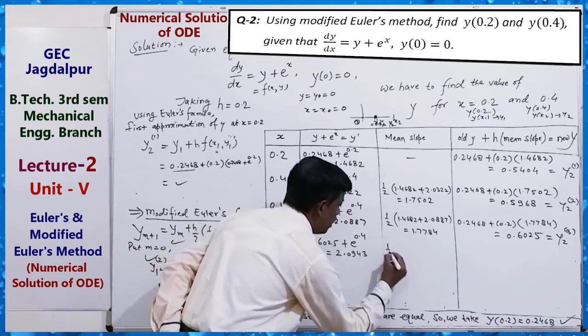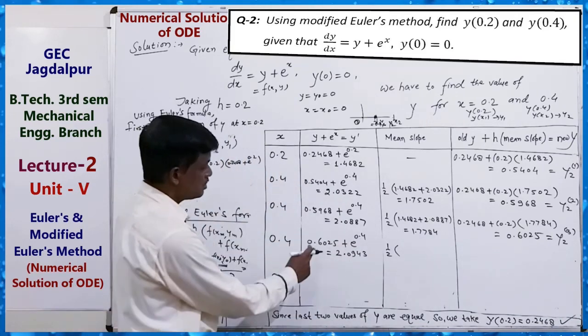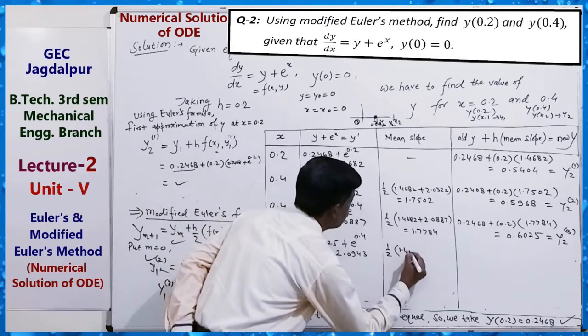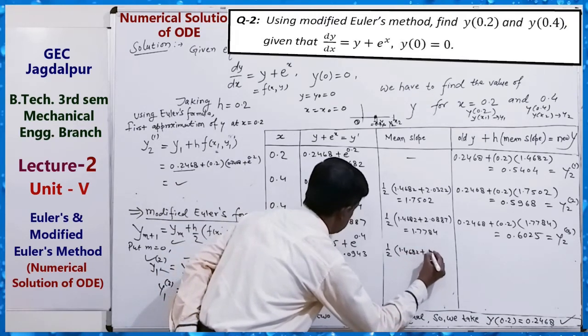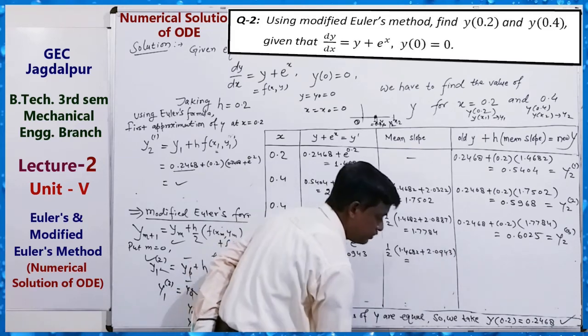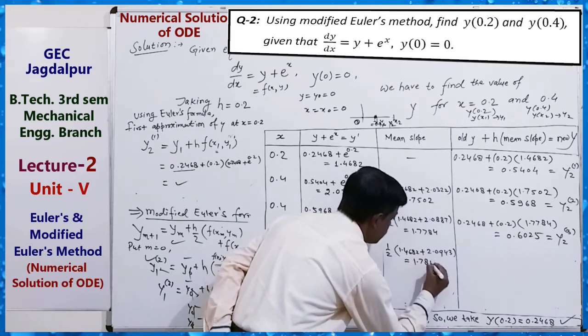Now half of what? Half of, just use this plus this by 2. So 1.4682 plus 2.0943. So this is equal to what? 1.7815.